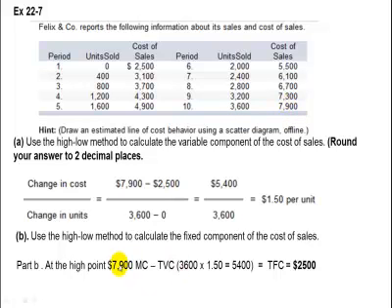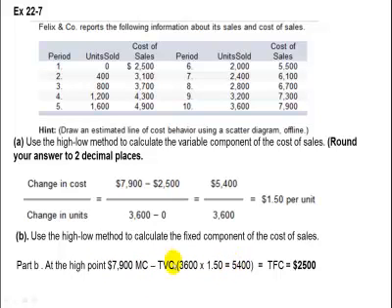So if we know that mixed cost had 3,600 units, then we can say 3,600 units times the $1.50, which is the variable portion, and we'll get the total variable piece that's in this mixed cost, which will be $5,400.